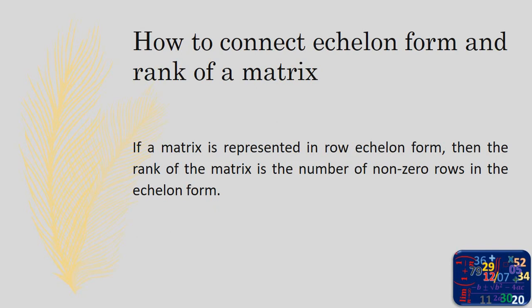That means, first we convert the given matrix into echelon form, for example, row echelon form. Then we count the number of non-zero rows. That gives the rank of the given matrix. In the same way we can do it for column echelon form also. With the help of column echelon form, we can calculate the rank of the matrix.